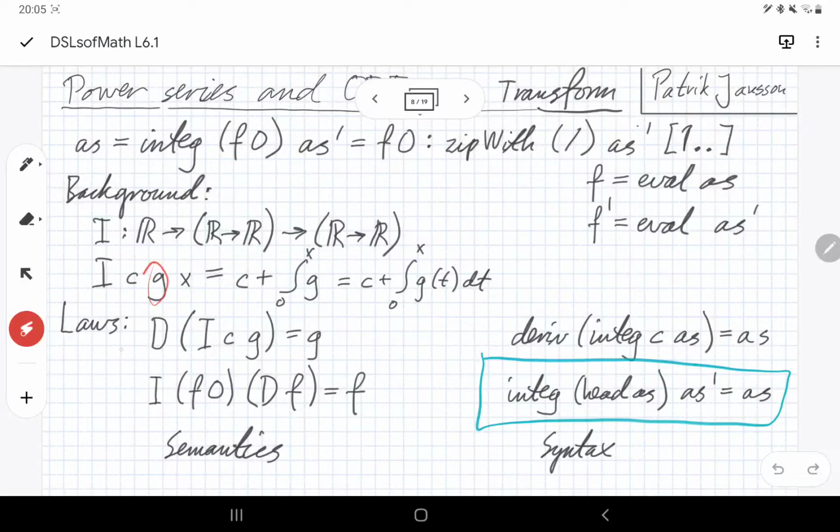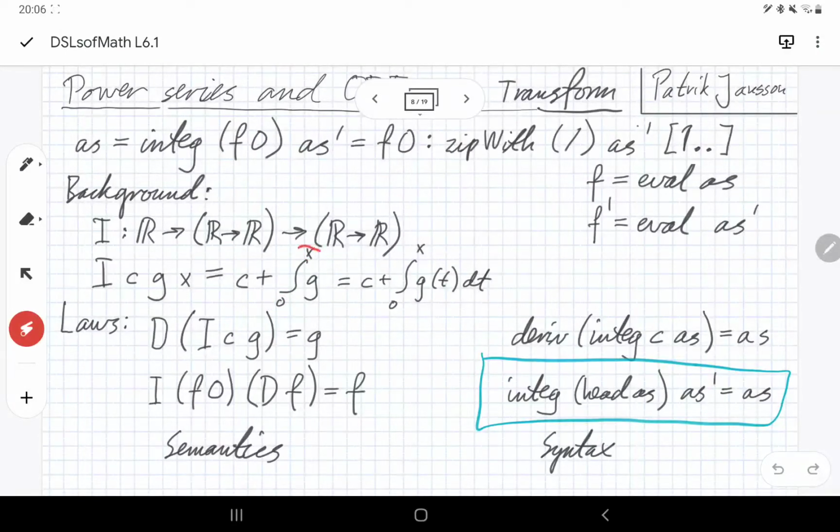Here I call it g, and then it returns a function. So I applied to a starting constant c and a function g, which corresponds to AS prime, is the function taking x to c plus the integral of g from 0 to x.